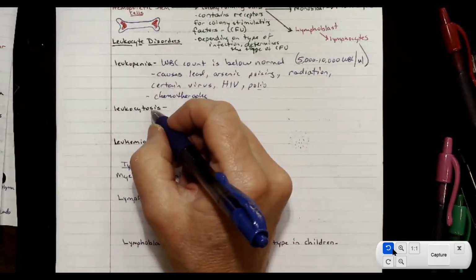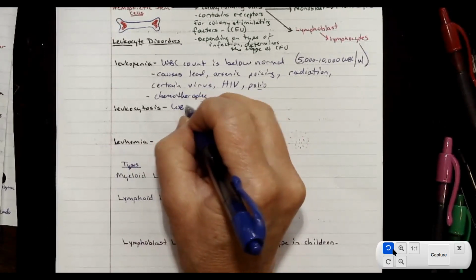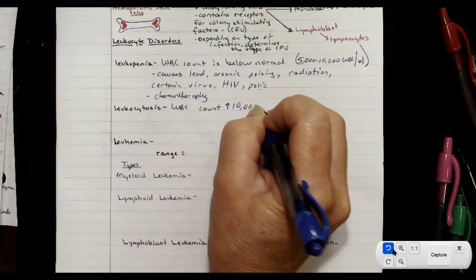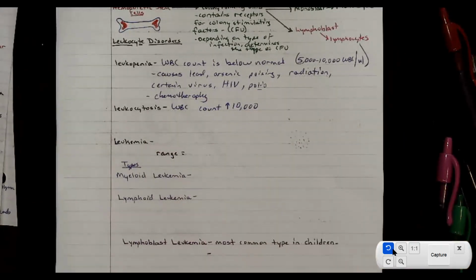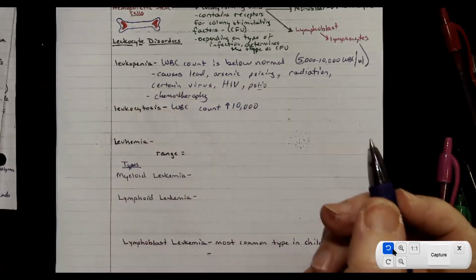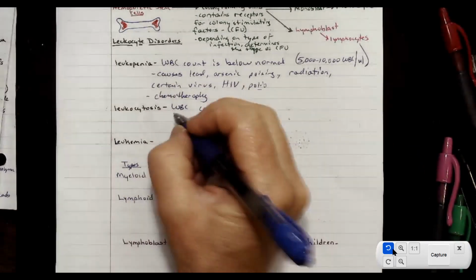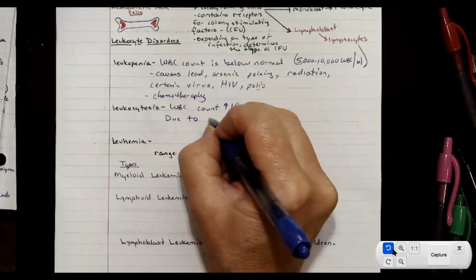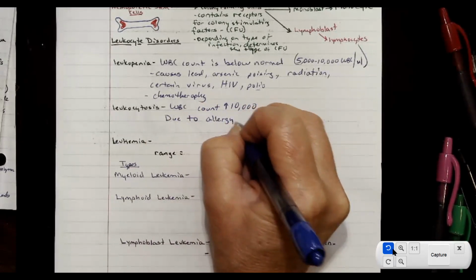Leukocytosis is the opposite. This is when the white blood cell count is greater than 10,000. Sometimes emotional stress can cause this. Let's just say allergies can cause it.